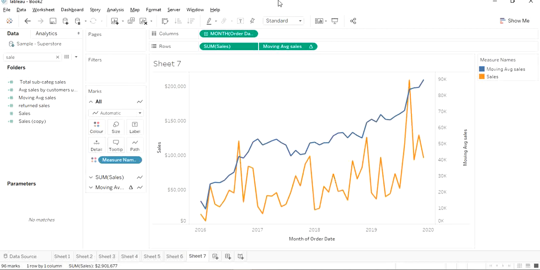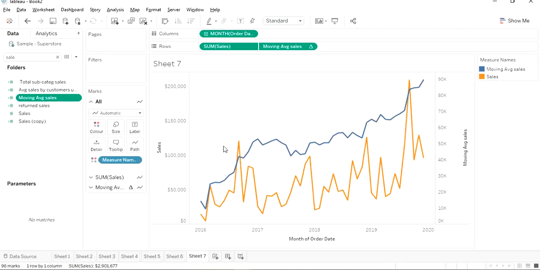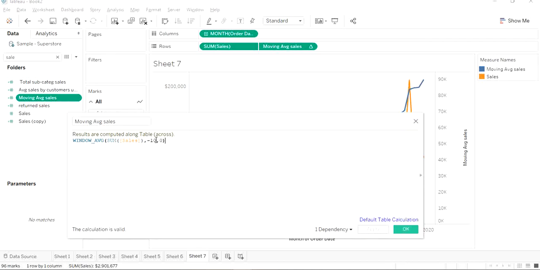Now I created a calculated field. In this moving average field, I'll go to edit. I have taken negative 10, but instead of negative 10, I'll supply my parameter.